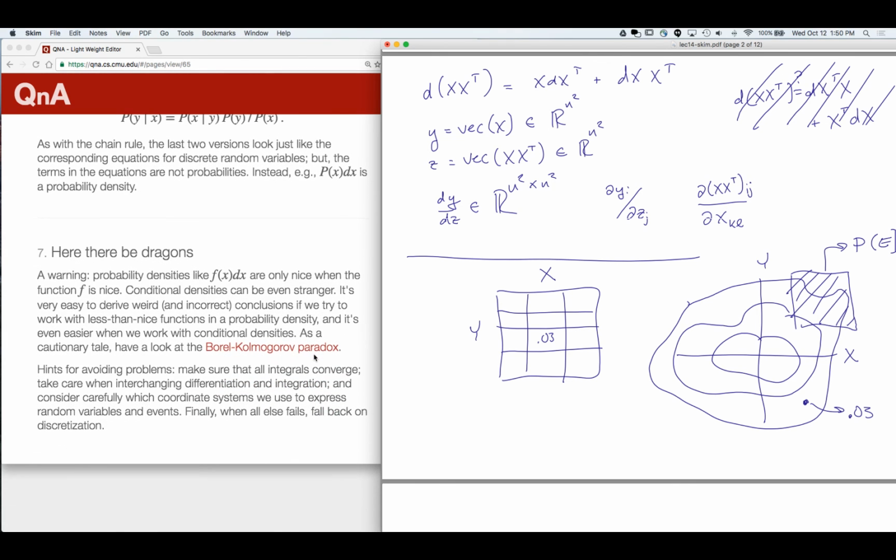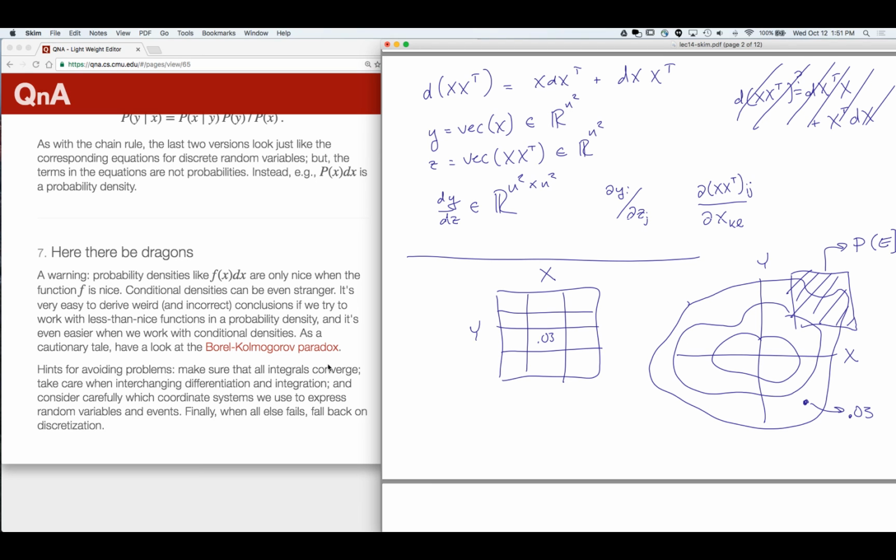All right, so one last warning is that with continuous probabilities, unlike with discrete ones, there are a whole lot of really weird behaviors having to do with the fact that integrals are weirder than finite sums, and having to do with the fact that it really matters what coordinate system you use when you talk about continuous random variables.